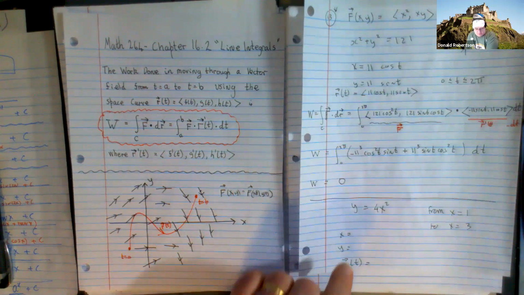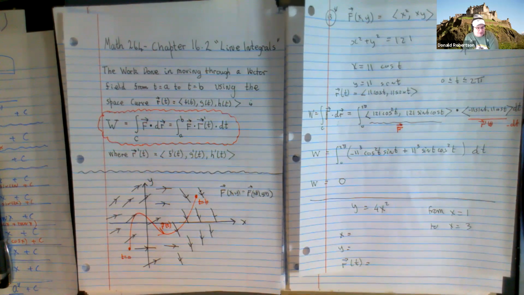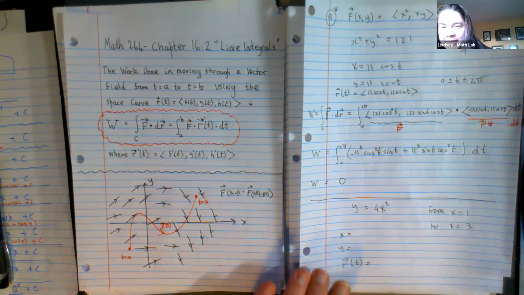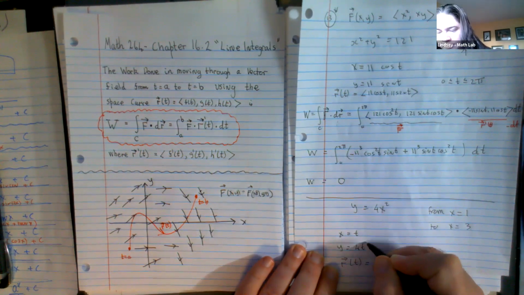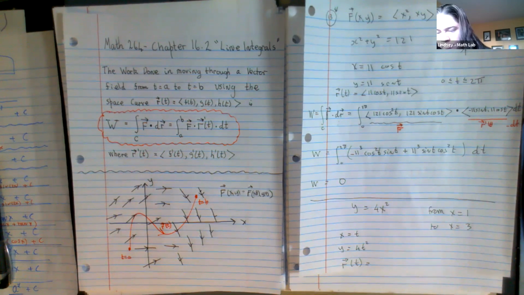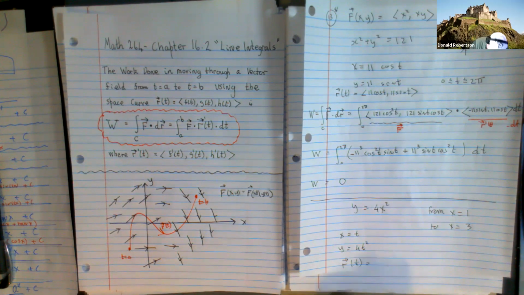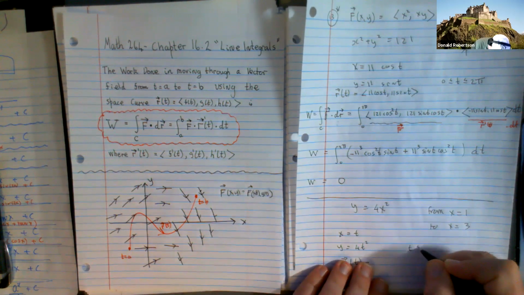Okay, how would we parametricize the parabola y equals 4x squared? How would we get t involved? Don't overthink it. It's actually quite straightforward. Just make it x equals t. Now, from t equals where to t equals where?